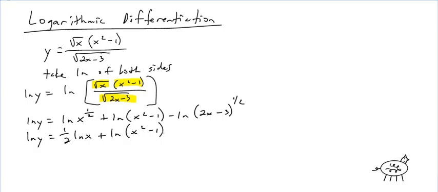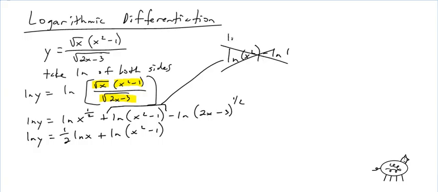Please, this is a huge mistake that people make. Please do not write this as ln of x squared minus ln of 1. That is a huge mistake. That is not a property of logs, because you're rewriting it as addition and subtraction.